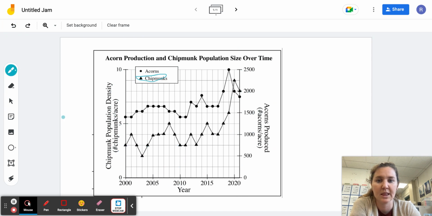All right, and then number 5, in which year were the most acorns produced? So we remember that acorns are the circle. We look on our acorns and we want to find when the most acorns were produced right here. So then we look for the year, and it was 1 year before 2020, so 2019.